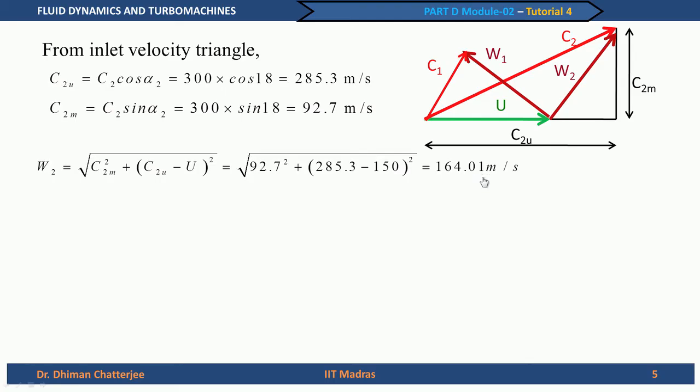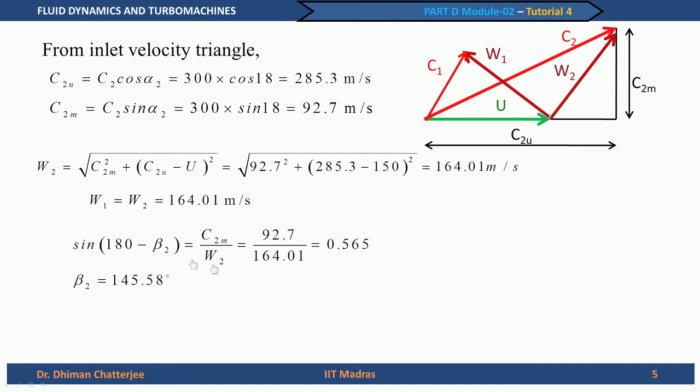From the problem we know that W2 equals W1, and hence W1 also is equal to 164.01 meters per second. Now we can get the angle. Please note that in our case beta 2 is this angle, and hence this other angle is 180 degrees minus beta 2.